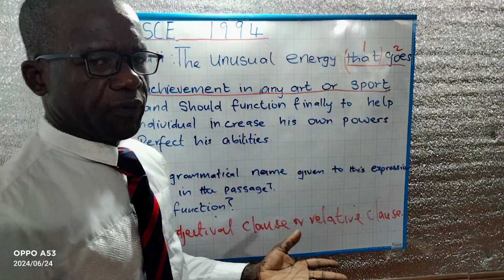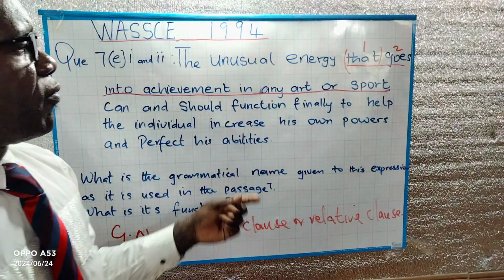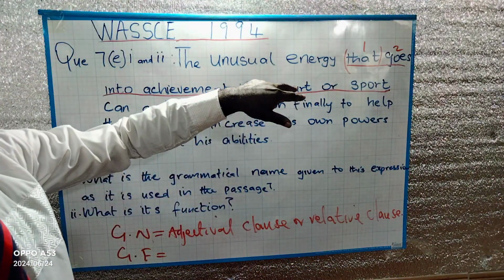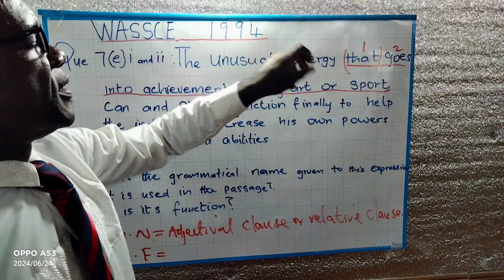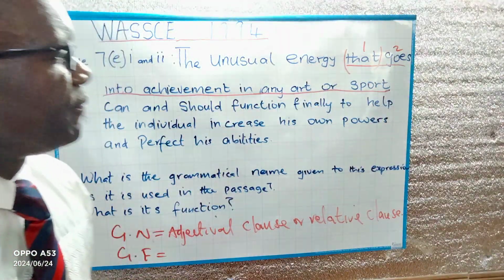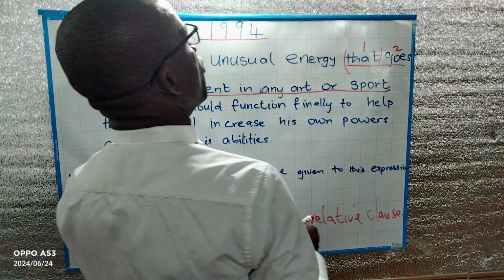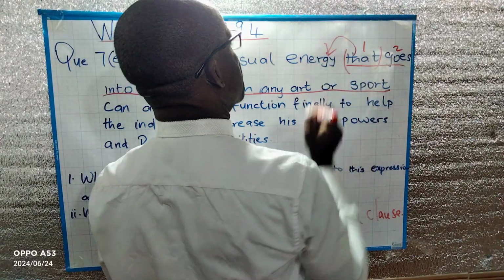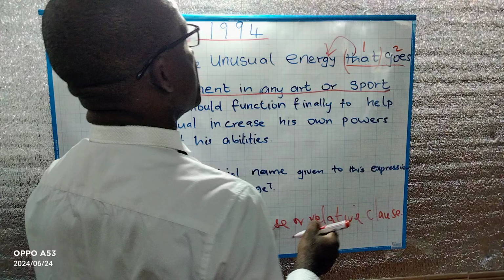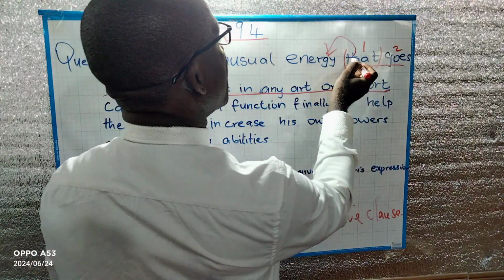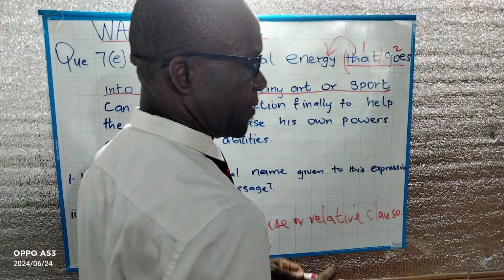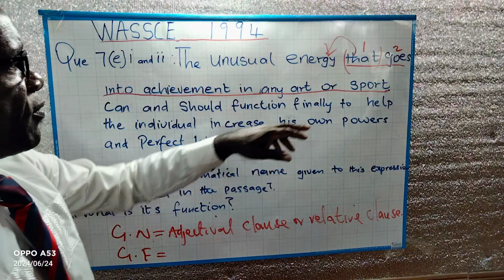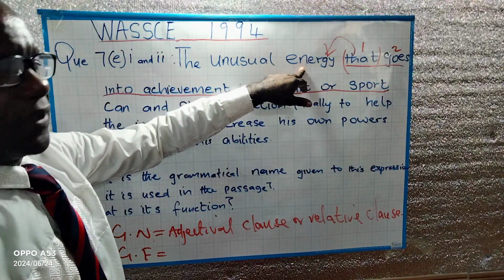Now, what is the grammatical function? Now, we know that for adjectival clause, the grammatical function it performs is to qualify that noun it comes after. Okay? The function is to what? To qualify that noun it comes after. And in this case, the noun it is coming after is energy.